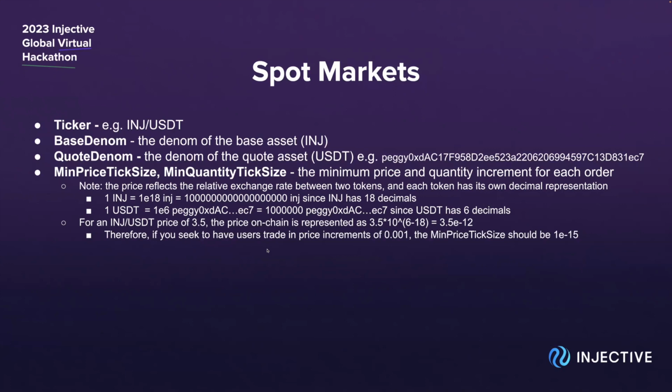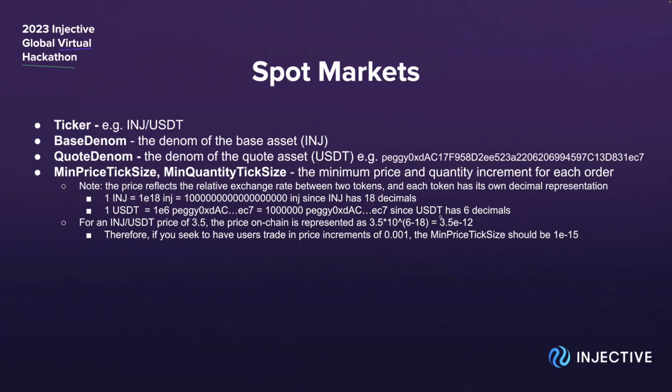So, going back to tick sizes, if you want to have users trade in price increments of, let's say, 0.001, the min price tick size should be 1E negative 15.